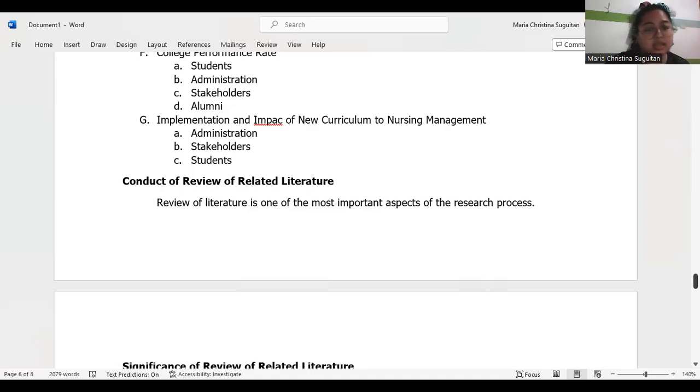Pero pag sinabi natin review of related literature, may gumawa na research doon sa topic mo. Gusto mo lang siya i-expand, gusto mo lang siya i-explore, gusto mo lang siyang gawing modern. Kumbaga, yung sa'yo yung latest. Okay, medyo gagawin mo lang siyang mas evolving na research.